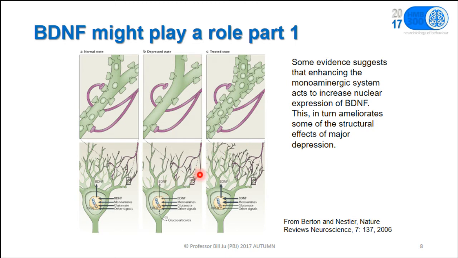So all of this suggests that BDNF is vital to not just normal healthy neurons, and I'm going to get to neurogenesis in a moment, but it's a really important part of creating a nice healthy brain. In depression, all of this is working against you. So you don't have enough BDNF. Without BDNF, these neurons start to atrophy. There's less neurotransmitters around, so it becomes a vicious cycle that way.